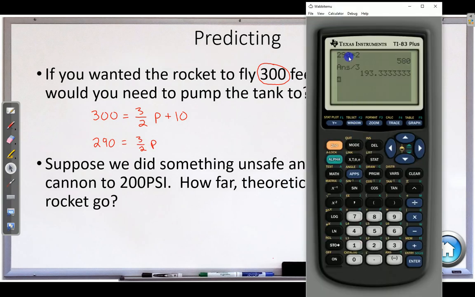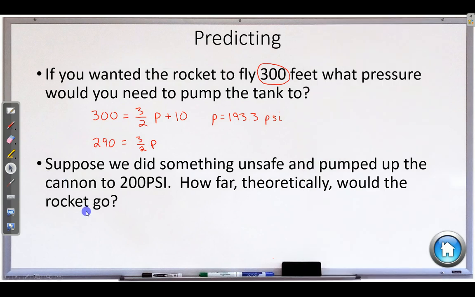So you can see I took 290, I multiplied by 2, and then I divided it by 3, and we get 193.3. So theoretically, if you wanted that rocket to fly 300 feet, your pressure would need to be 193.3 pounds per square inch. Now it's very unsafe, so I wouldn't do that, but theoretically that's what you would have to do.